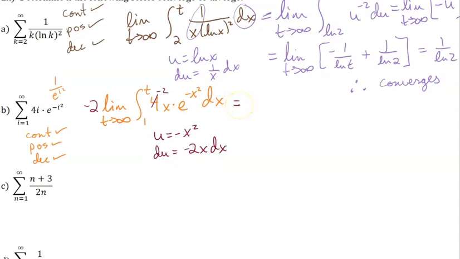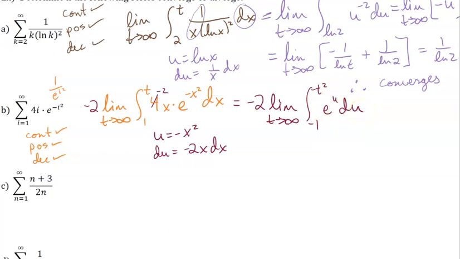So I have that this is equal to negative 2 times the limit at infinity of the integral, and again, changing the limits to be in terms of u as well. So the integral from negative 1 squared, so negative 1, to negative t squared of e to the u du.